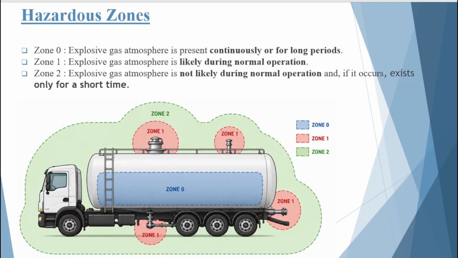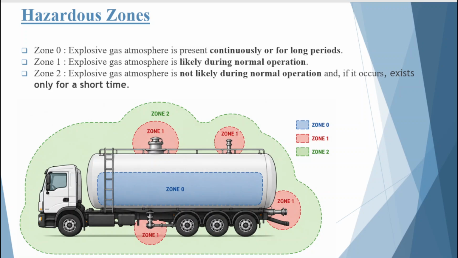So, to summarize, Zone 0 means the explosive atmosphere is present continuously or for long periods. Zone 1 means it is likely to occur during normal operation. And Zone 2 means it is not likely during normal operation, and if it does occur, it exists only for a short time.